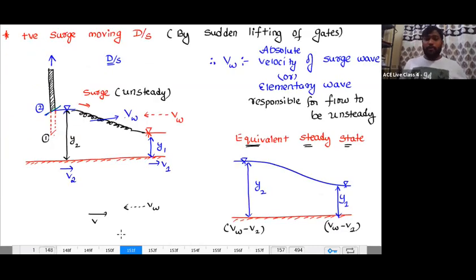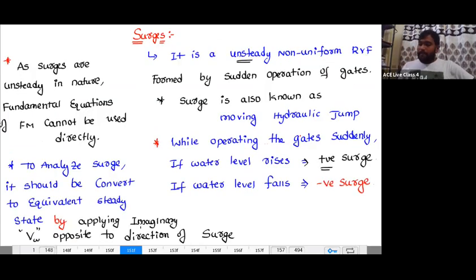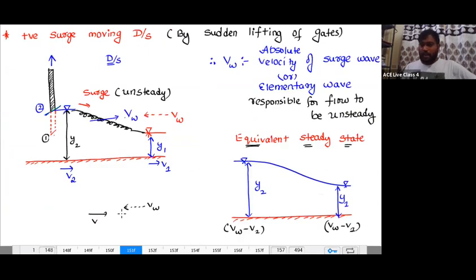So how am I going to convert the unsteady to the equivalent steady state? By applying an imaginary value of VW opposite to the direction of the surge. Now I can do the analysis for this one.